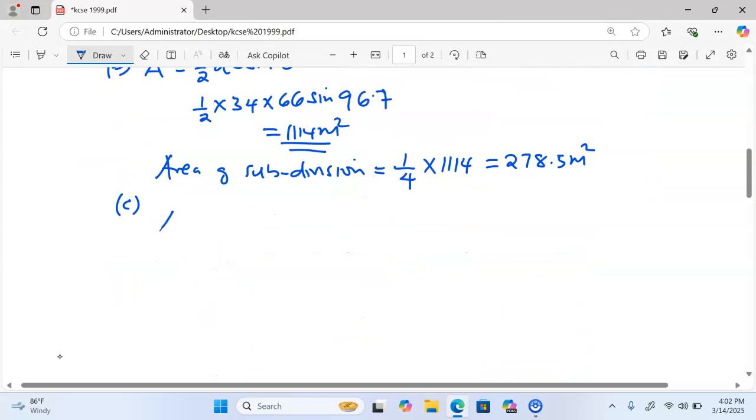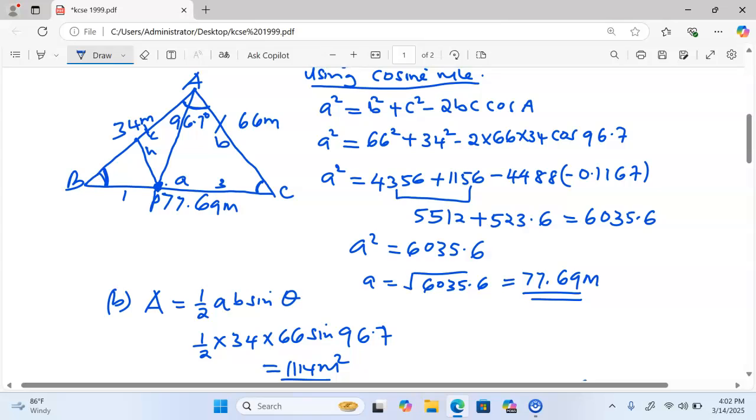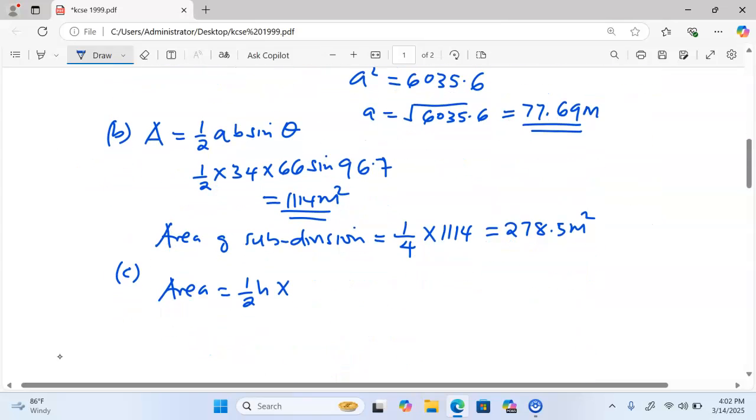We know area is given by a half times the height times the base, and the base we are going to use is the length AB, which is 34, and this is equated to 278.5.